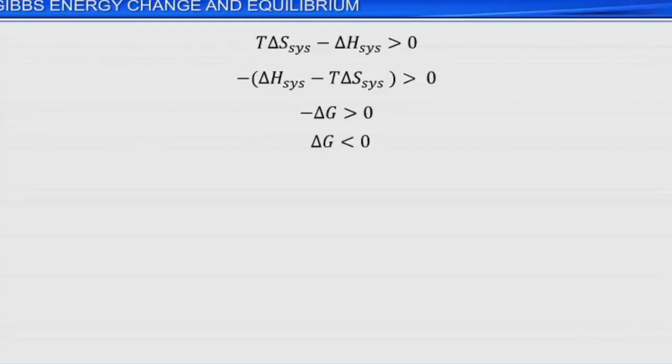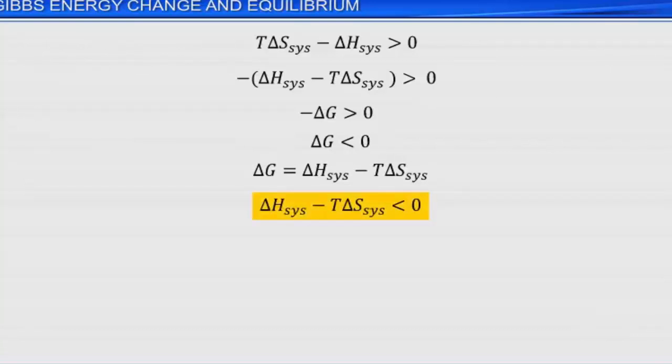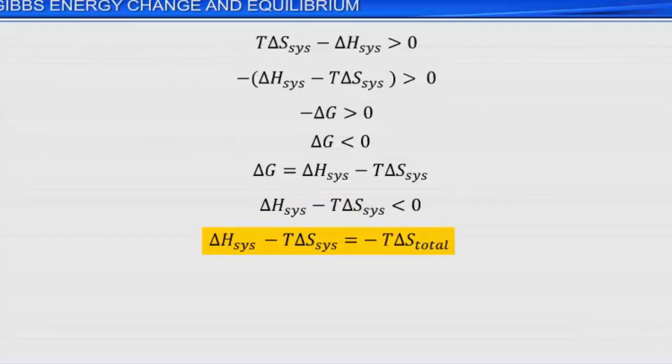But delta H system minus T delta S system is equal to minus T delta S total, which means that minus T delta S total is less than 0. This means that T delta S total is greater than 0. But when the value of delta S total is greater than 0, it indicates a spontaneous process.